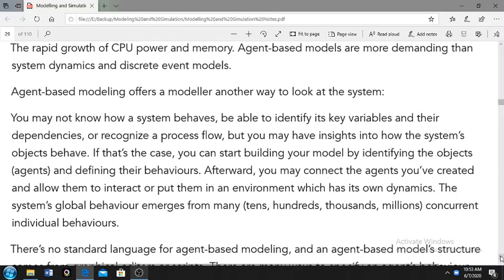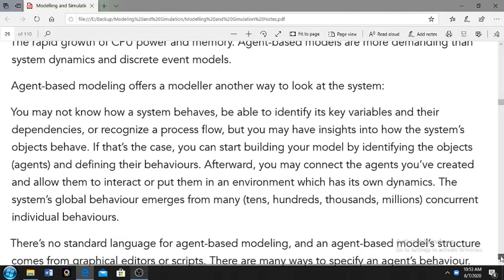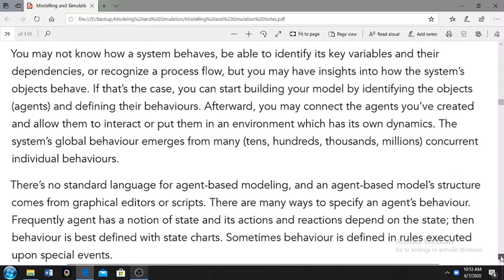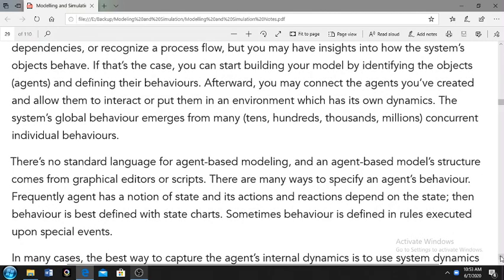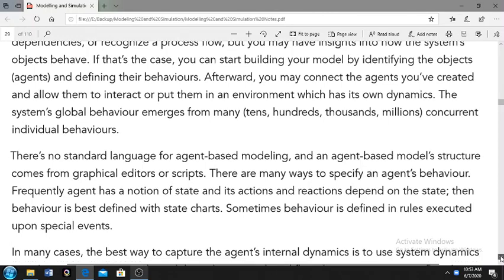Afterward, you may connect the agents you have created and allow them to interact, or put them in an environment which has its own dynamics. The system's global behavior emerges from many, sometimes tens, hundreds, thousands, or even millions of concurrent individual behaviors.